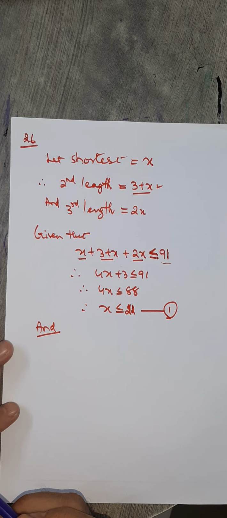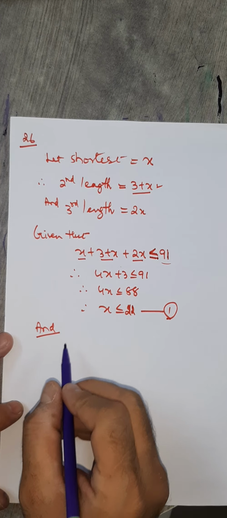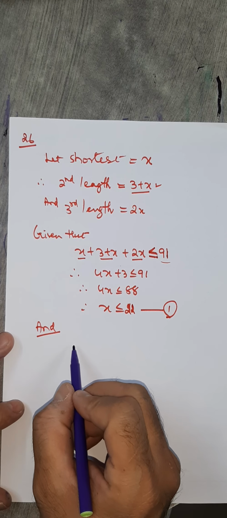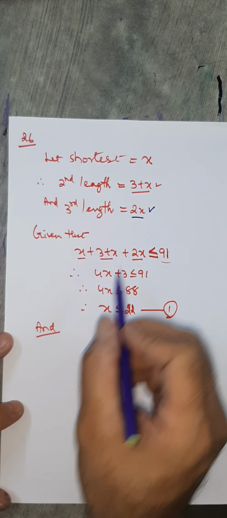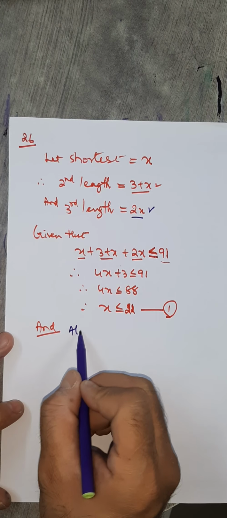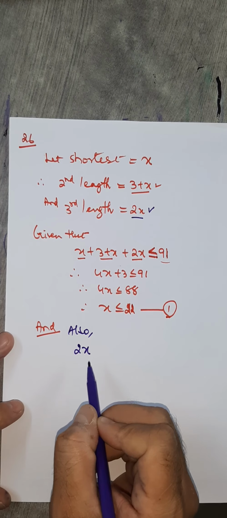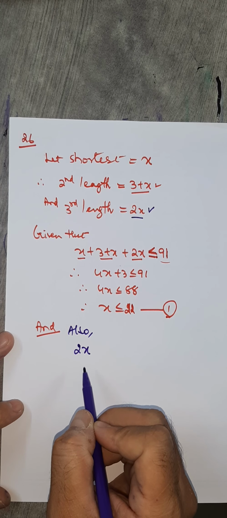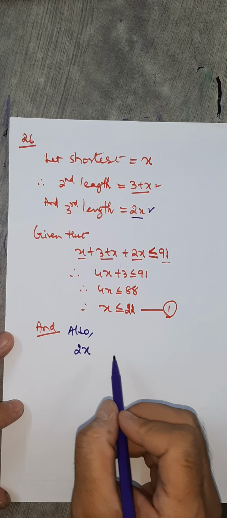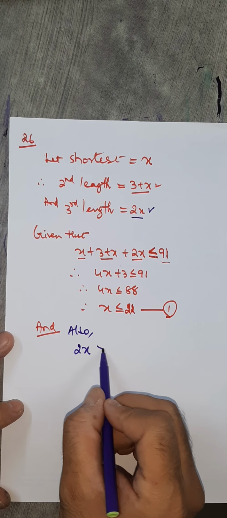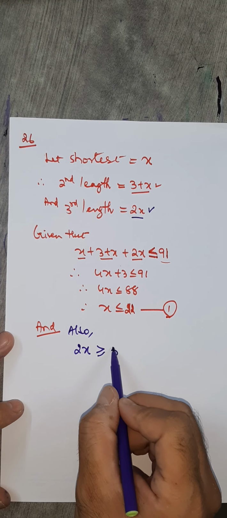The condition is if the third piece is to be, okay, so third piece, here what's the length of the third piece? That is 2x. And also you are given this length of the third piece, 2x, is to be at least 5. At least 5 means what? Its value should be 5 or more than 5.